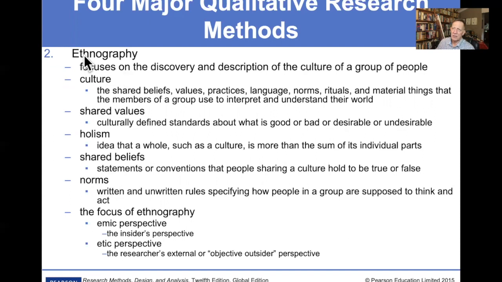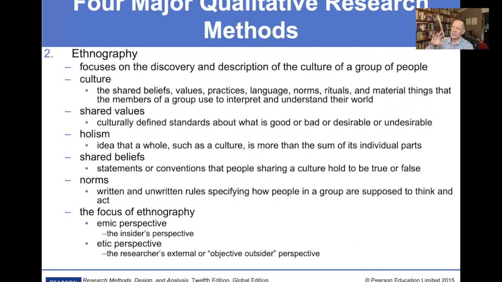This is one of the crucial methods initially in the social and anthropological sciences that has been developed and gave much of an impetus to qualitative research methods. It focuses on the discovery and description of the culture of a group of people.